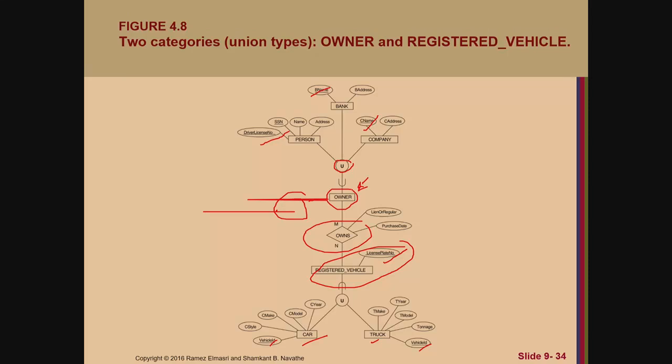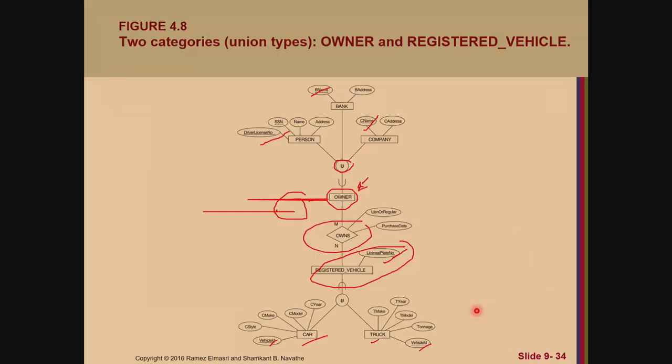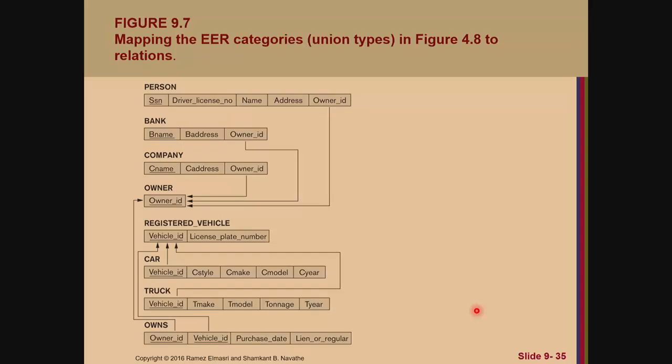So you have to generate a new one for the owner. Okay. In this example, we can create the relation owner. Create the relation owner to correspond to the owner category, right? Include any attributes of the category in this relation. The primary key of the owner relation is the surrogate key, which is called owner ID. So from this picture of the union, we create this one.